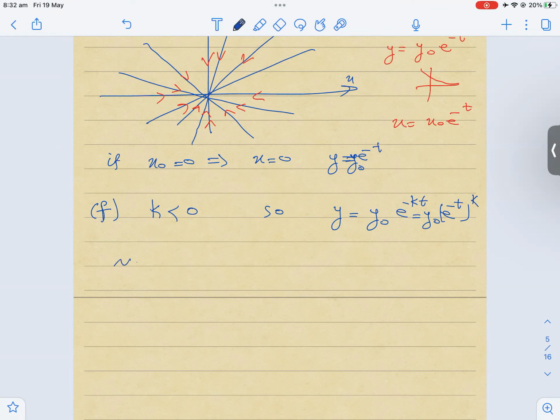Now, as before, y over x is y0 e to the minus t to the power k over x0 e to the minus t.